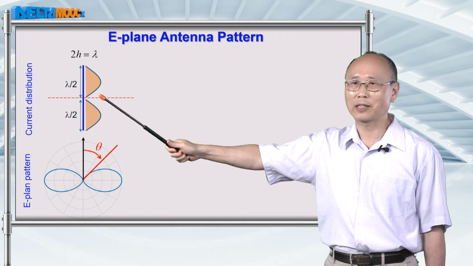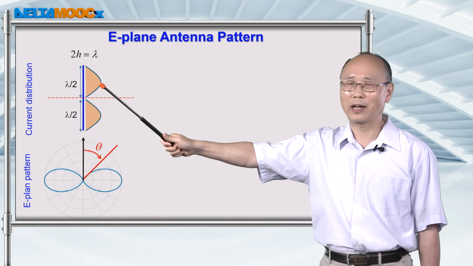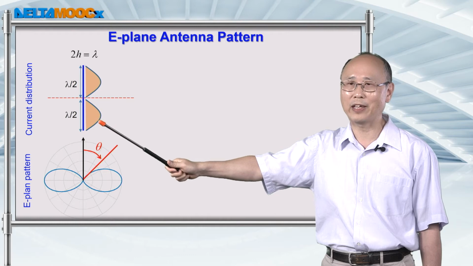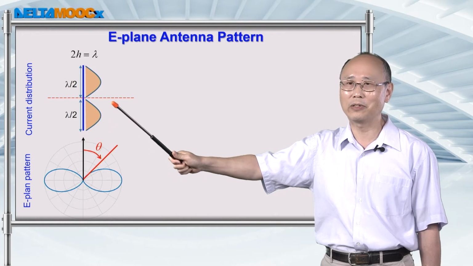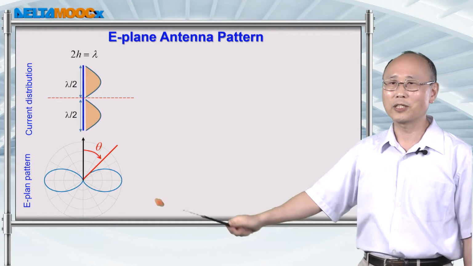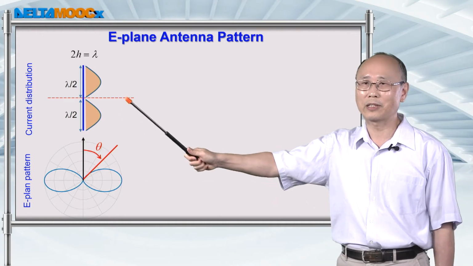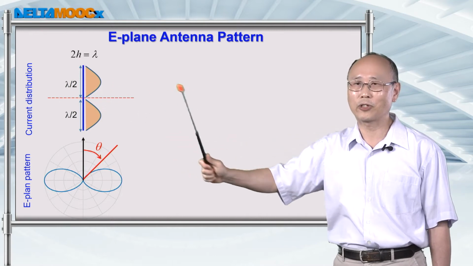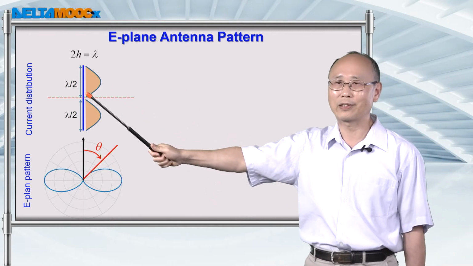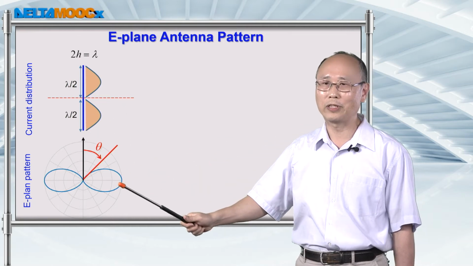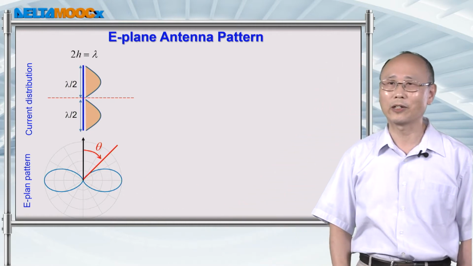And you can see that this current value is going to be in phase with the current value along this theta equal to 90-degree direction. So this means that along this theta equal to 90-degree direction, you will have the constructive interference from the subsections of the antenna rod. Therefore, you also see constructive interference along this theta equal to 90-degree direction.